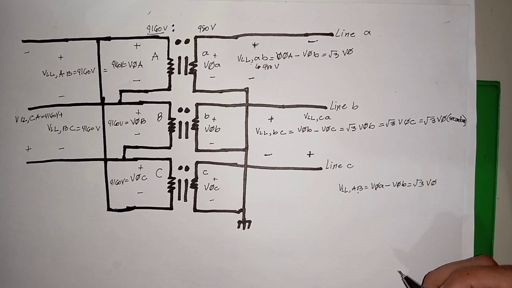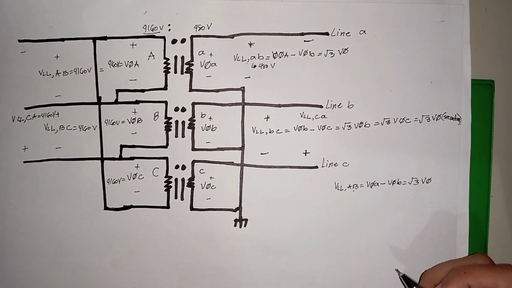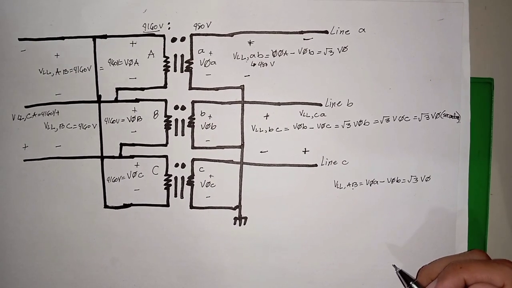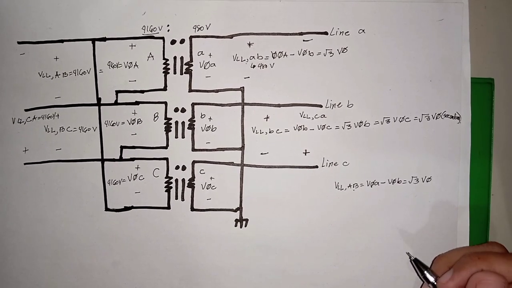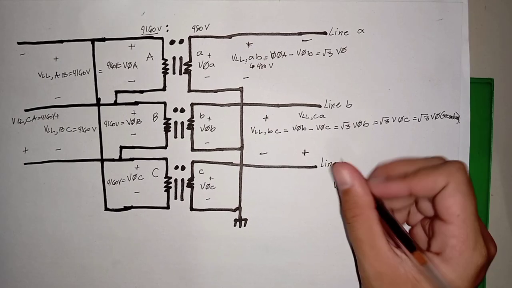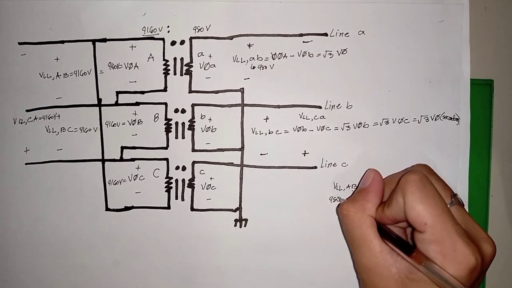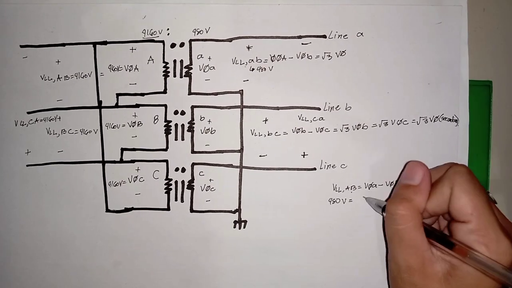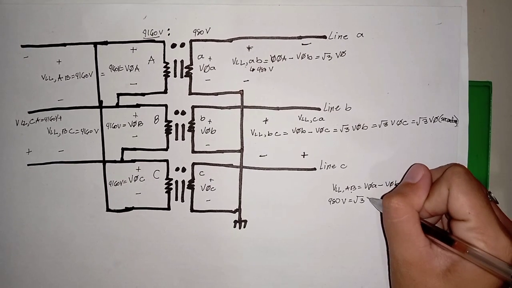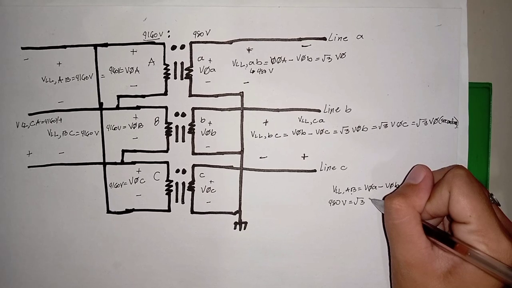Since we already know that our line-to-line voltage is 480 volts, we simply solve for the phase voltage. 480 is equal to the square root of 3 times the phase voltage.